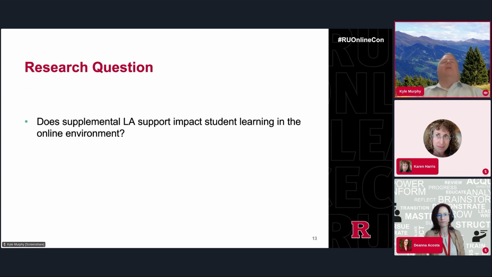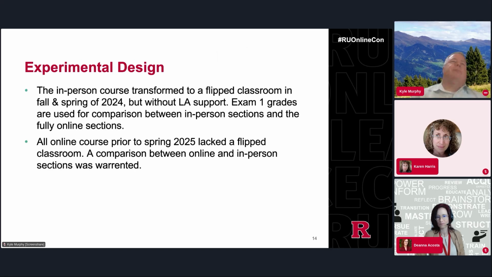And so we want to know a little bit about how they were going to be going. Part of our research question was, does this supplemental LA support impact student learning in that online environment? As we talked about, I had flipped that classroom in fall and spring of 2024, but without LA support.